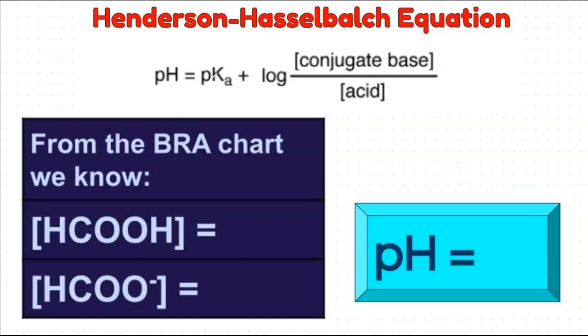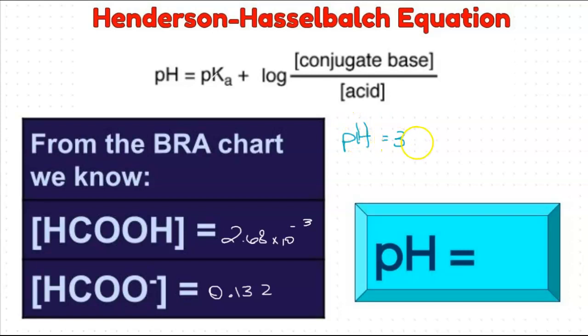So from the other slide, my weak acid concentration has decreased and is only 2.68 times 10 to the negative third. My anion concentration was 0.132.